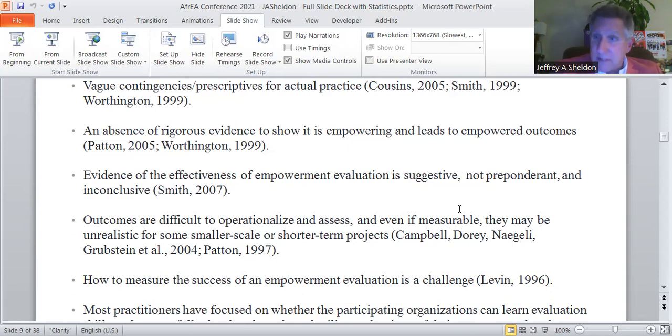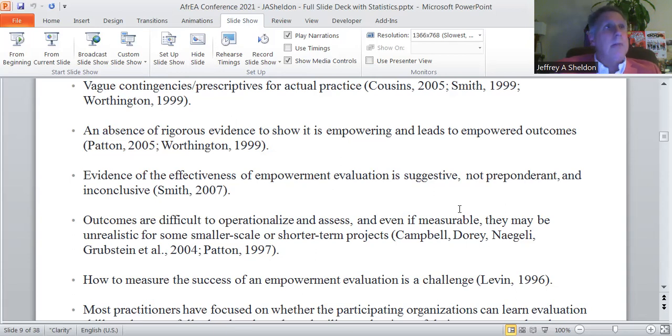The outcomes are difficult to operationalize and assess. And even if they were measurable, they may be unrealistic for some smaller scale or short-term projects. So what that means is, how do you know that empowerment and self-determination resulted?